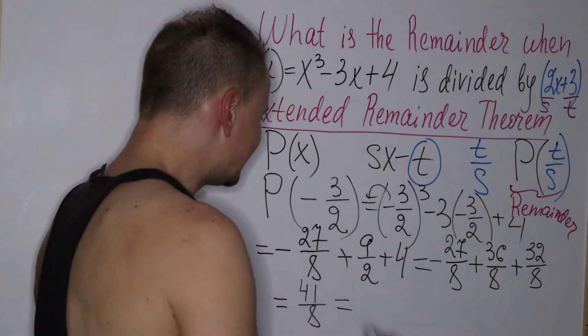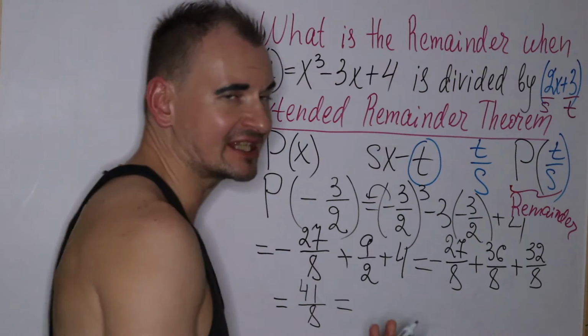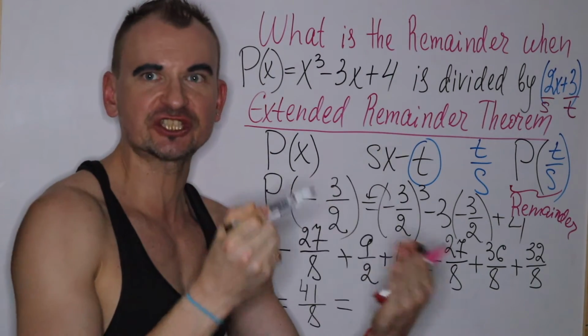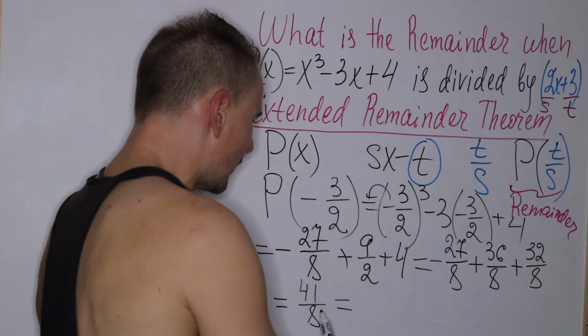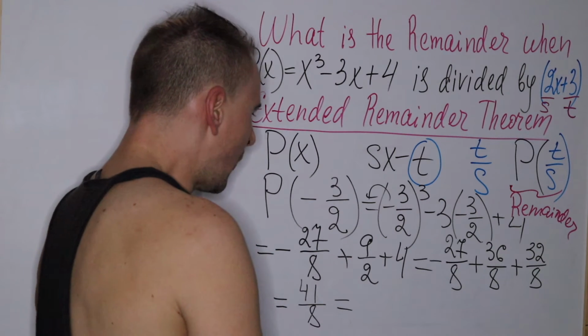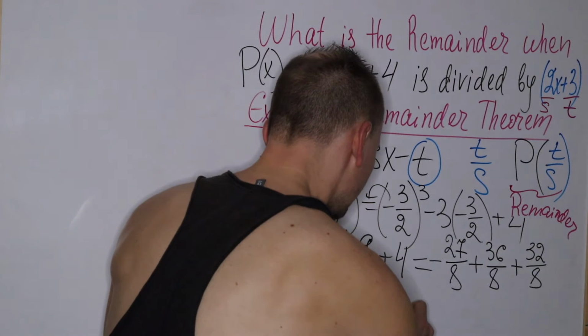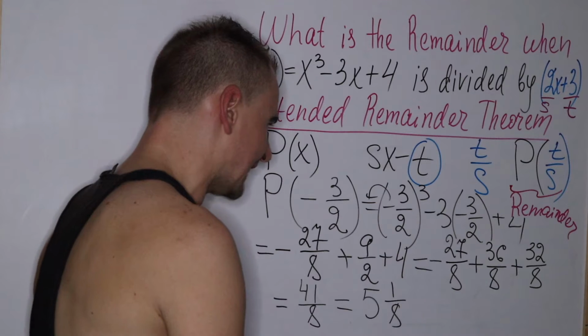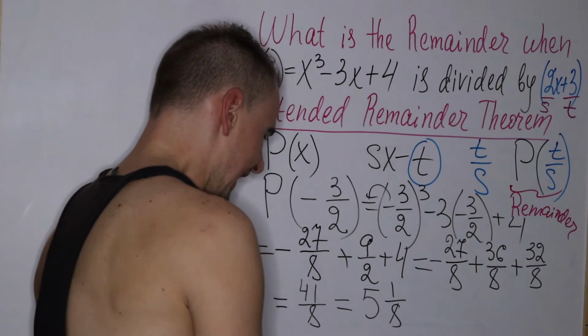Since your top happens to be greater than the bottom, you can turn it into a mixed number. 8 goes into 41 5 times, leaving you 1 over 8. So it comes out to be 5 and 1 over 8.